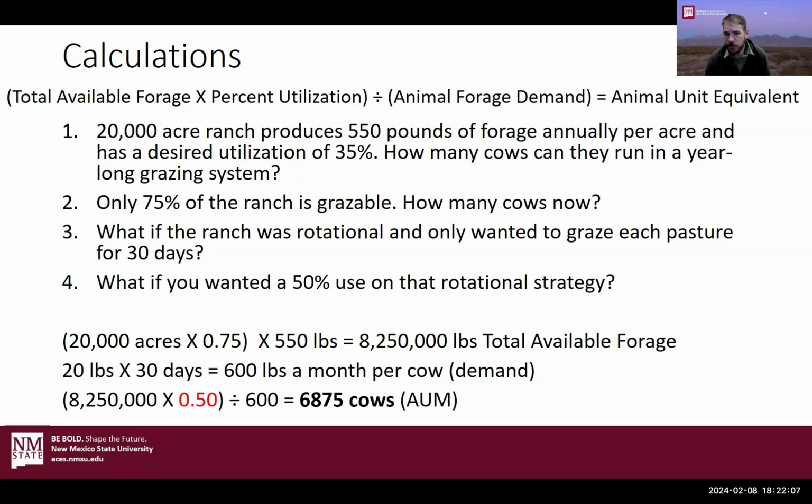Now, you'll notice as we've gone through these equations, they kind of added on to themselves. That's not going to be the case on most of your stocking rate equations. But I just wanted to build upon this and give you different scenarios so you could adjust the numbers. And if you're good at your algebraic equations, you can manipulate this and change sides.